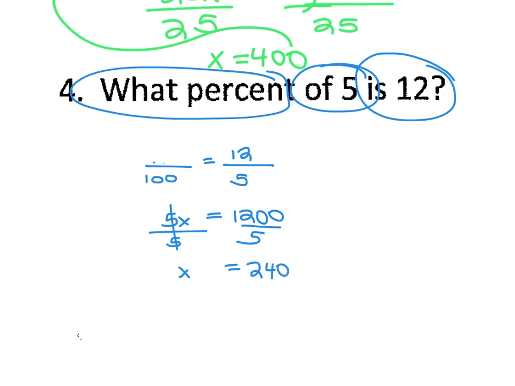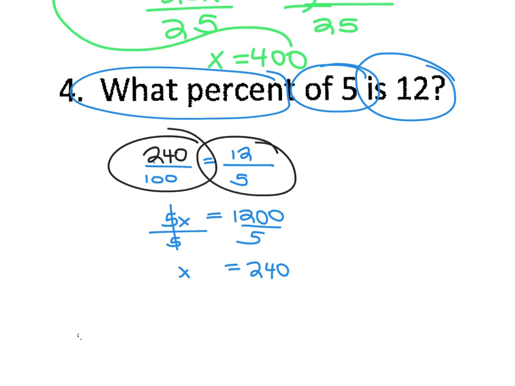So what that means is that our x is replaced with 240. So what we're saying here is 240 out of 100 is the same as 12 over 5, or 12 out of 5 is the same as 240%.